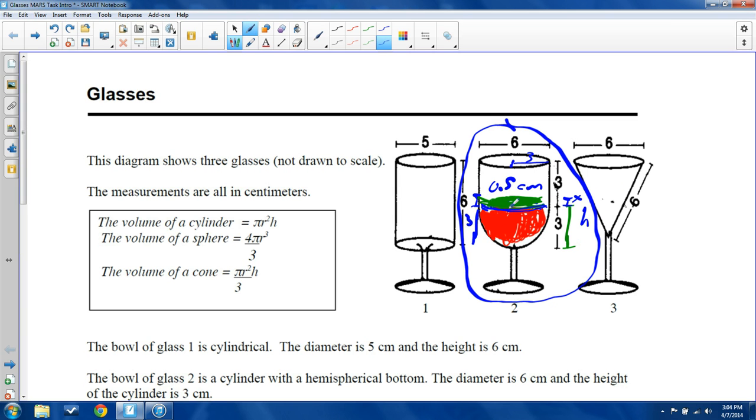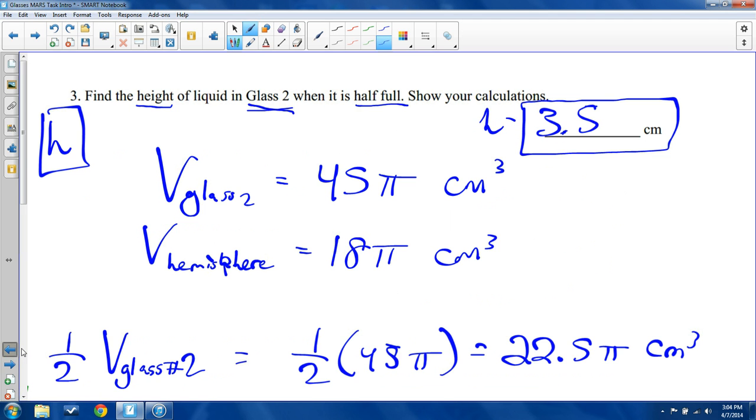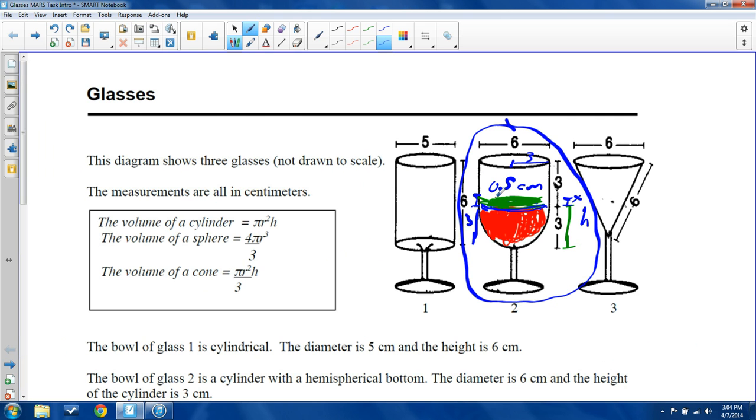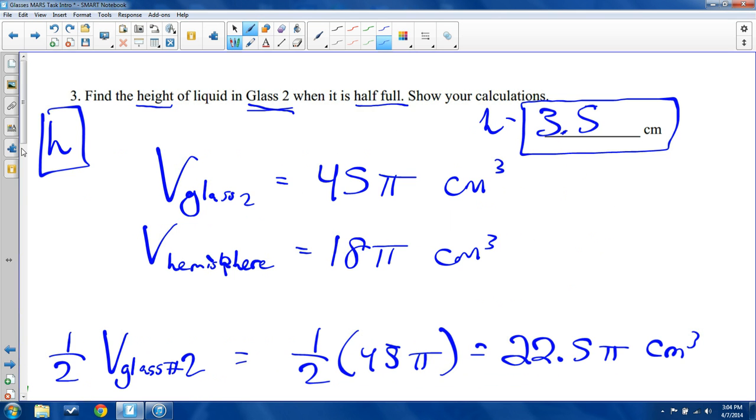And that's going to be the next most important part. But before I get to that, let's just make sure that we get the fact that if the volume of the entire thing is 45 pi, we're going to find the height of the liquid when it is half full.